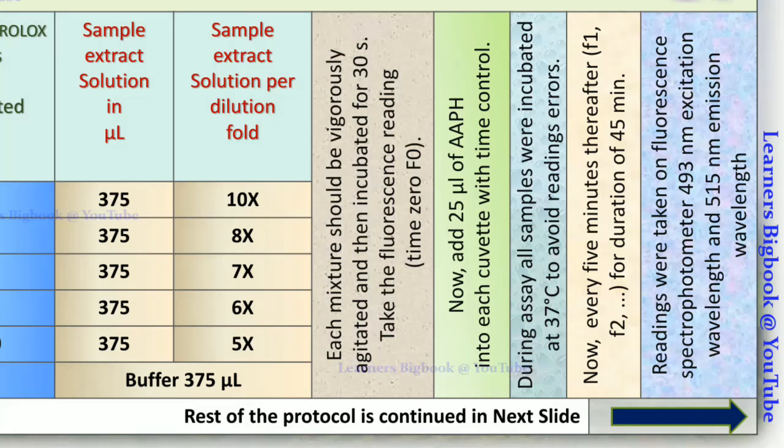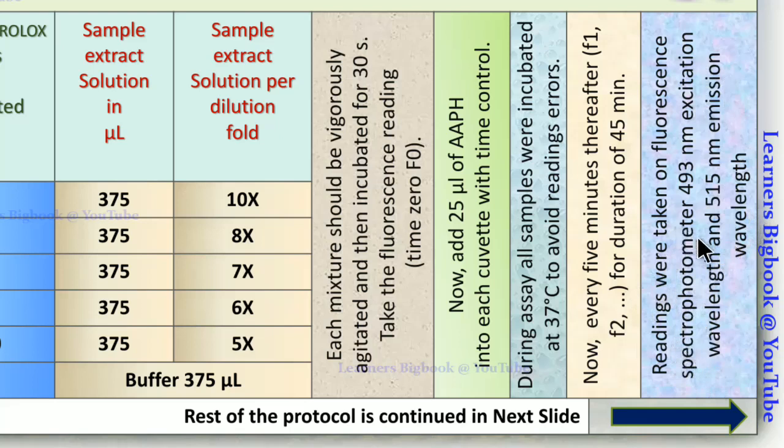Each time you measure the fluorescent intensity absorbance, which gives different absorbance values. The readings are taken at the 493 nanometer excitation peak wavelength and 550 nanometer emission peak wavelength, under the fluorescence spectrophotometer.